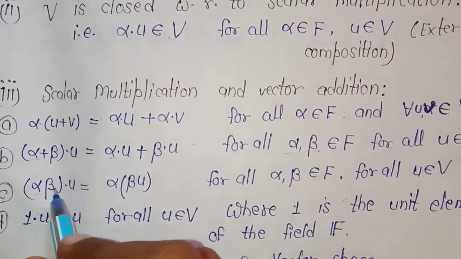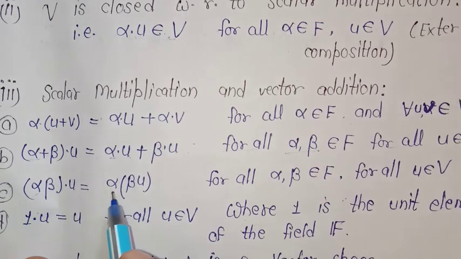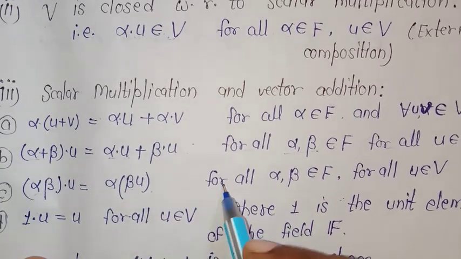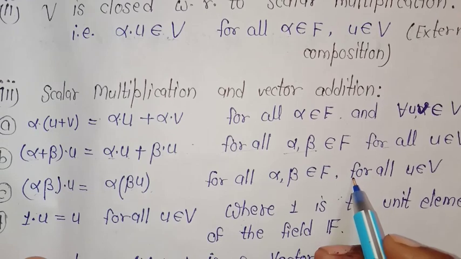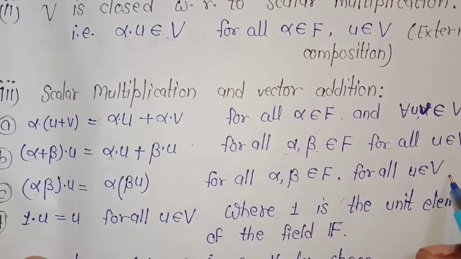So (alpha beta) dot u is equal to alpha dot (beta u), and this is also true for all alpha, beta belonging to F and for all u belonging to V.